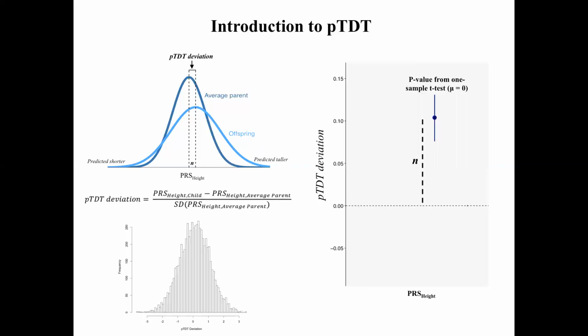And this distribution has a mean and a variance that we can plot in a graph like this, and then we can simply perform a one sample t-test on that distribution against a null expectation of 0 to see if there is an average upward shift.